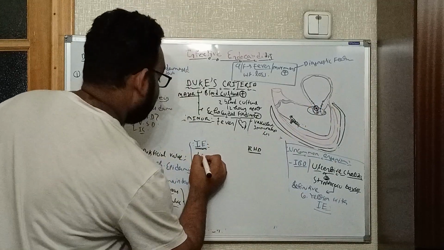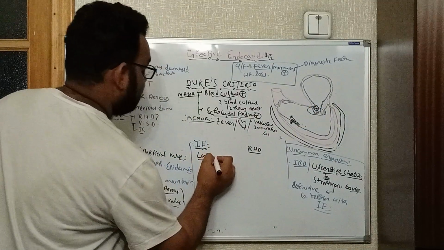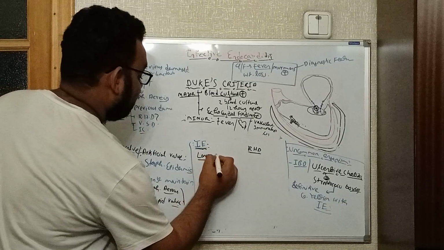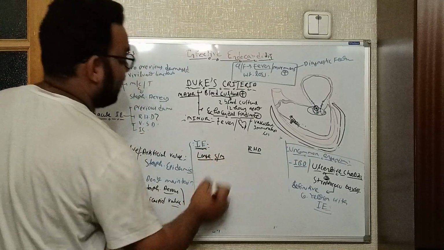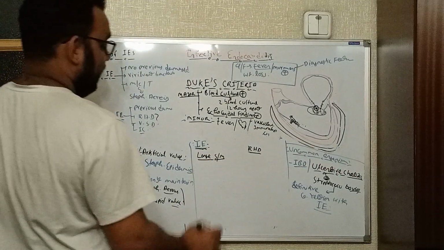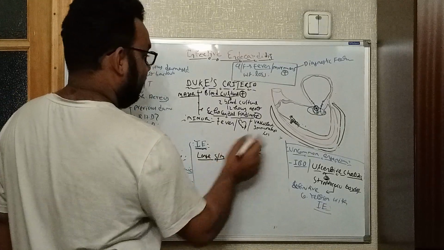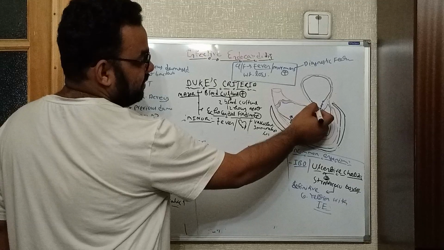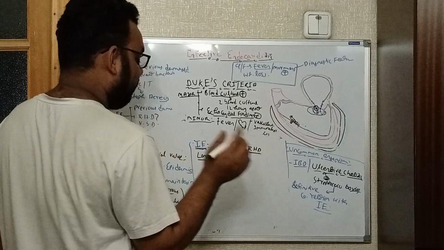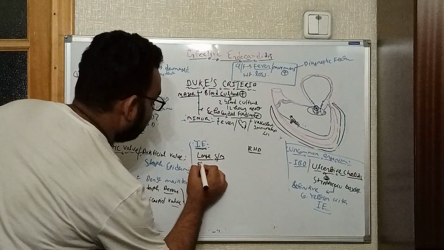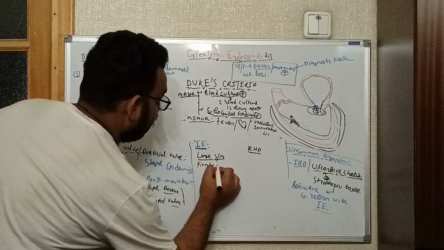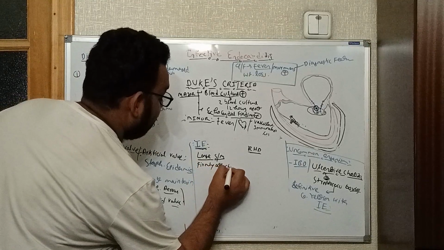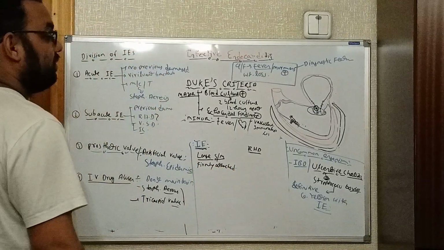So there will be large vegetations, that can be single or multiple. And this is attached to the endothelium of the endocardium, very firmly attached with the endothelium of the endocardium.